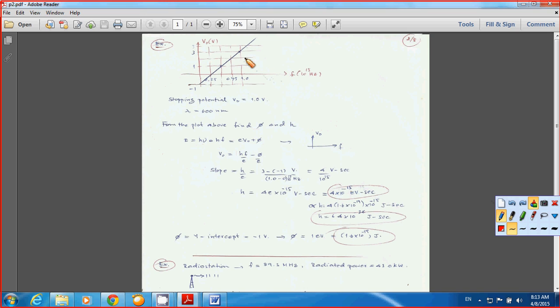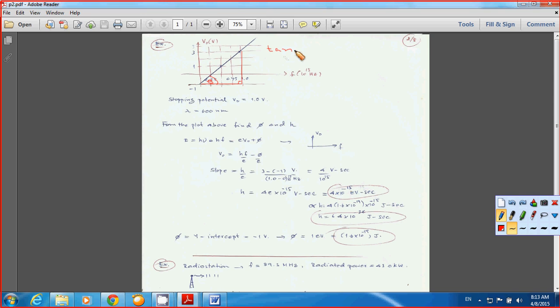This is 90 degrees, and then this angle is theta. Tan theta is actually the slope of the line, right?